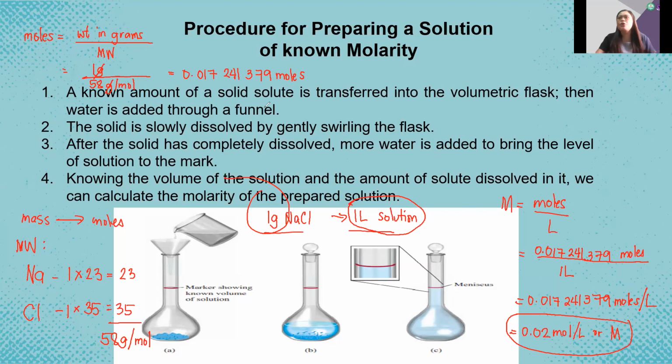So let me review. Pag gumawa tayo ng ating prepared solution, we have here the specific amount in grams of our solute. Let's place this in a volumetric flask, and then let's add a small amount of water, swirl it to dissolve the solute, and then add more water to complete the volume of the solution.